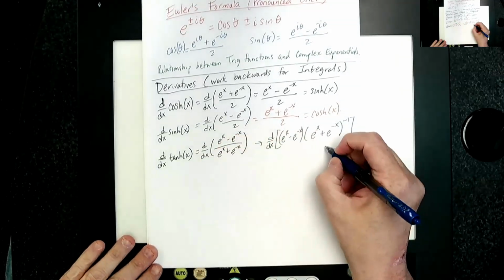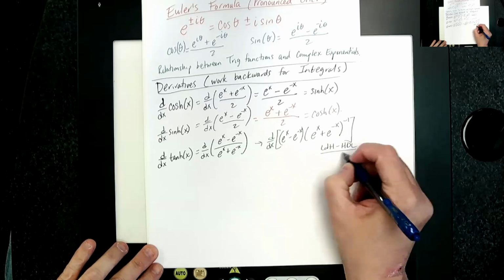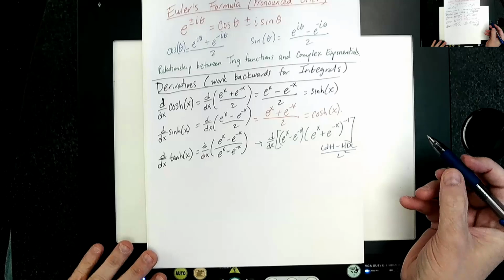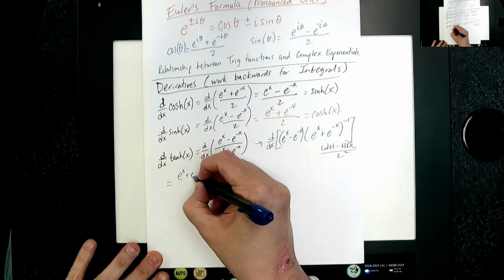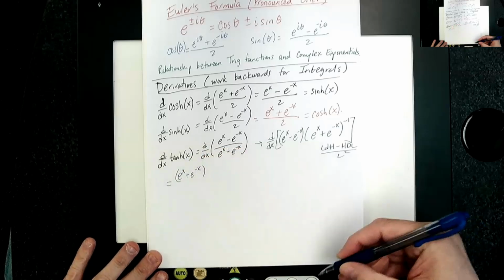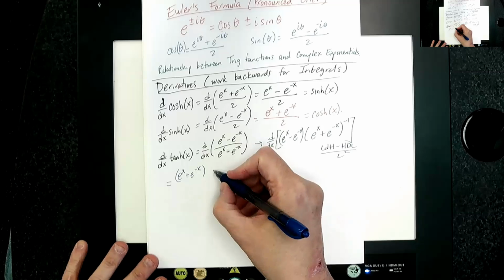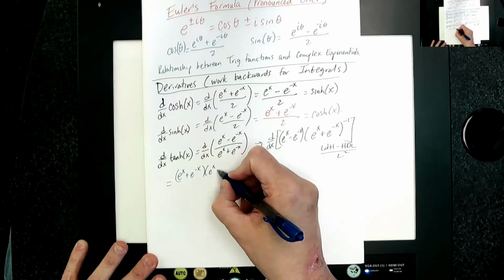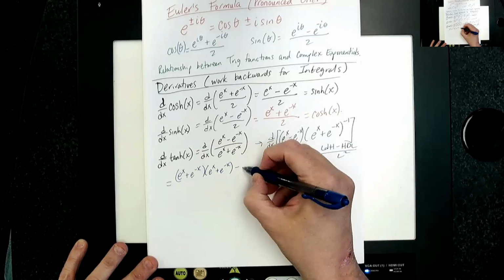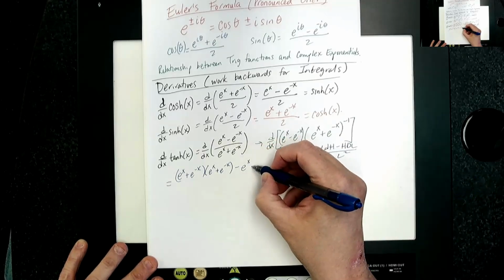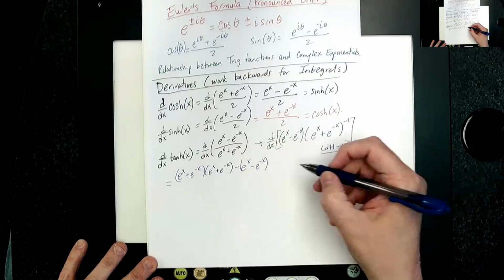So we got what, low d high minus high d low over low squared. So low is e to the x plus e to the negative x times the derivative of the high, which is e to the x plus e to the negative x, minus high times the derivative of the low.